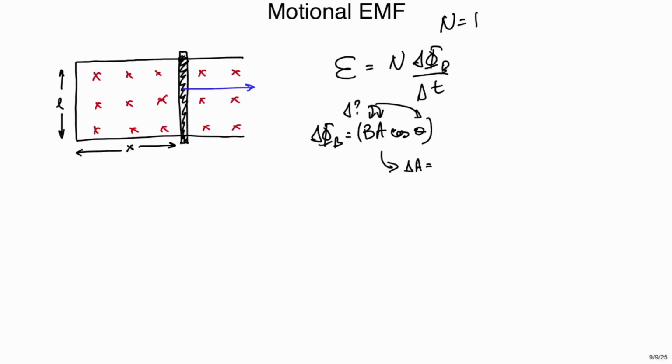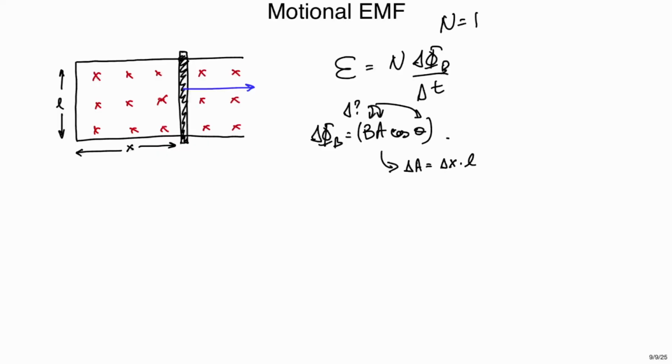So that lets me write down this change in area. What's the area of a rectangle? Length times width, so in this case it's going to be X times L. But is L changing or staying constant as we pull this bar? It stays constant. So really the delta gets assigned to delta X, because that's the thing that changes, and L stays constant.